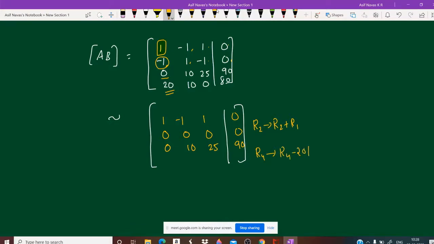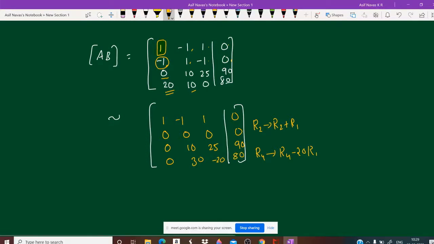So what will we get? 0, then 10 minus 20 into minus 1, which gives 30. Then 0 minus 20, here minus 20, and here 80.